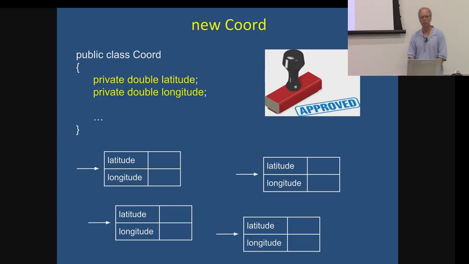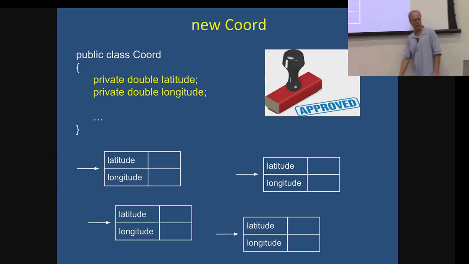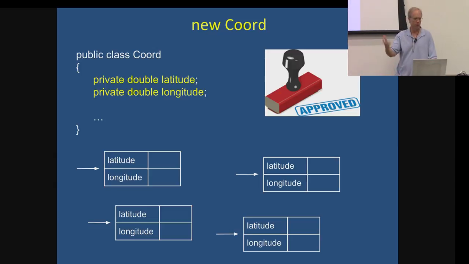But every time it's stamped out, you get a place in memory where you can store both the latitude and the longitude. If there were a 3rd instance variable in here, like altitude, then there'd be 3 places in the object to hold those values. That's all an object is. Place to hold instance variables.